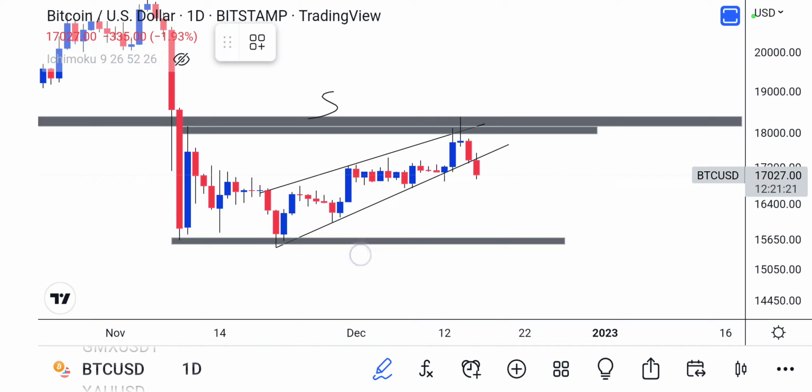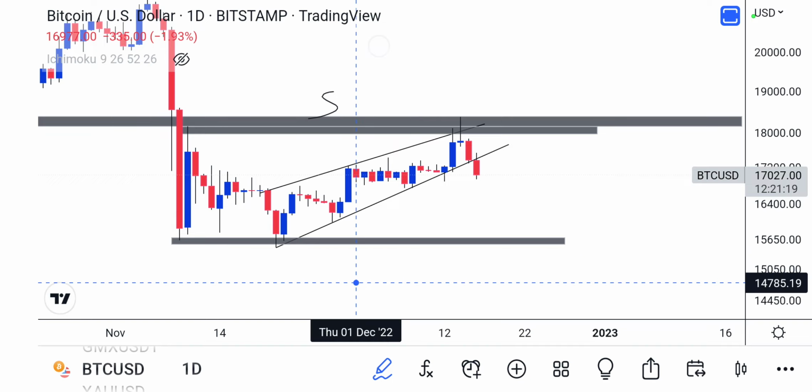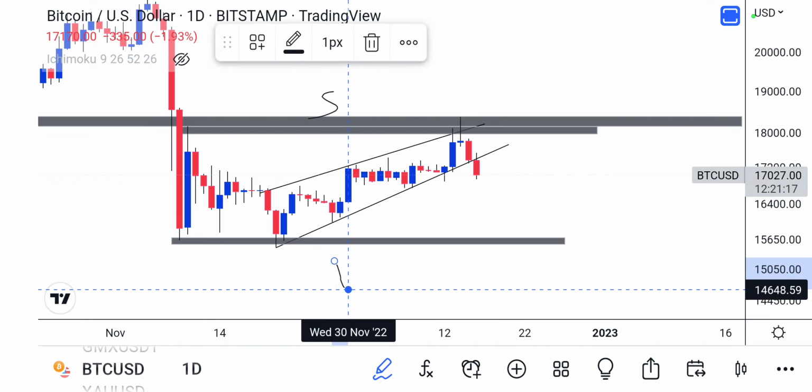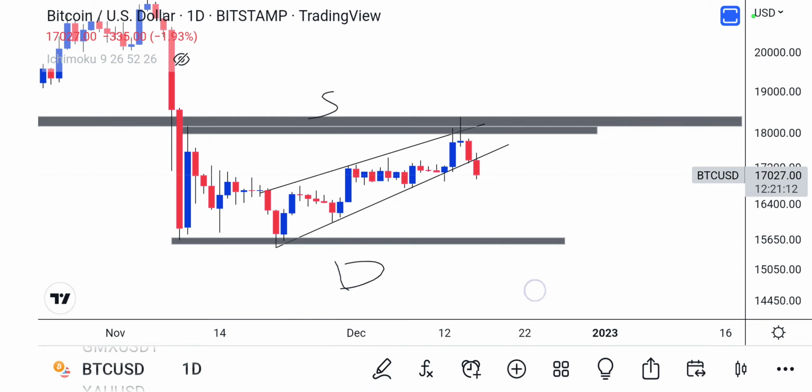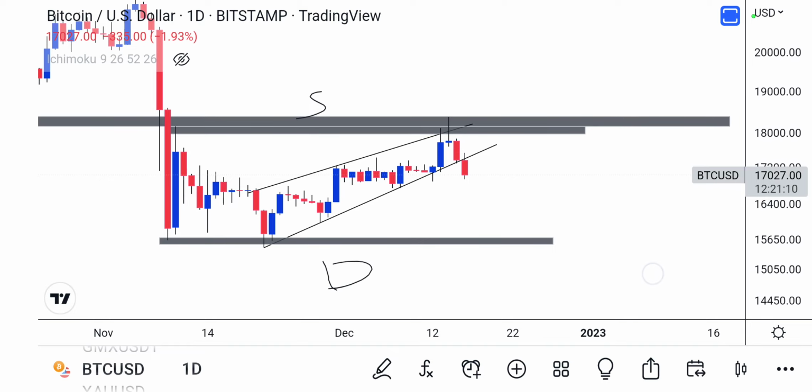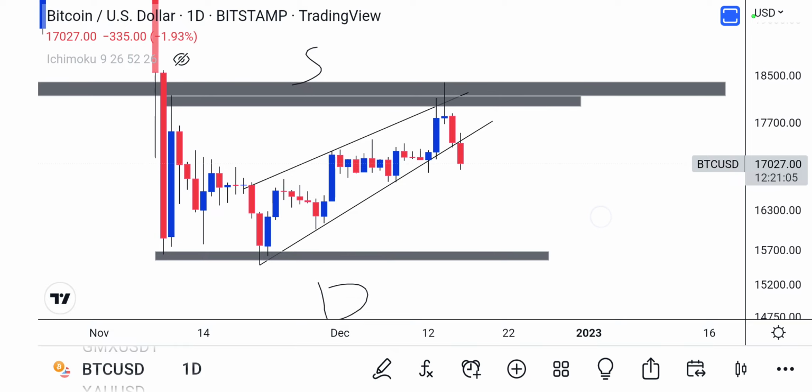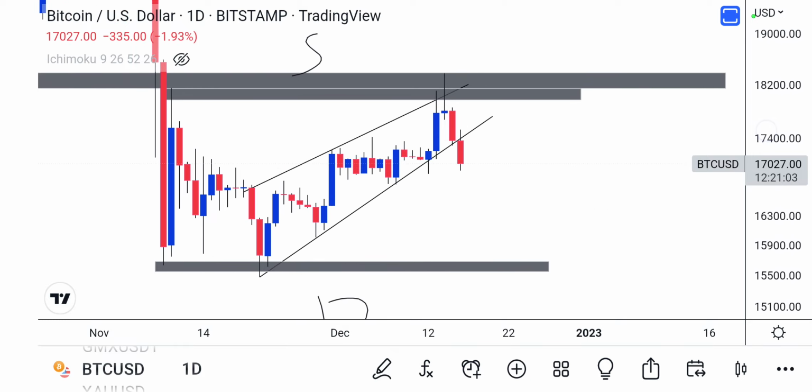So demand for support and supply for resistance.